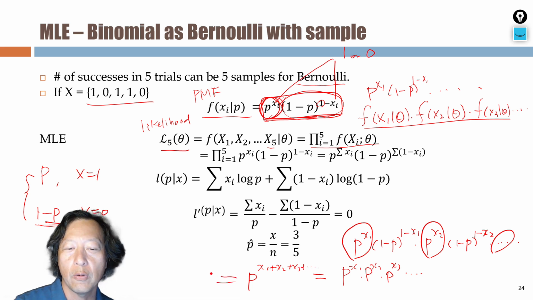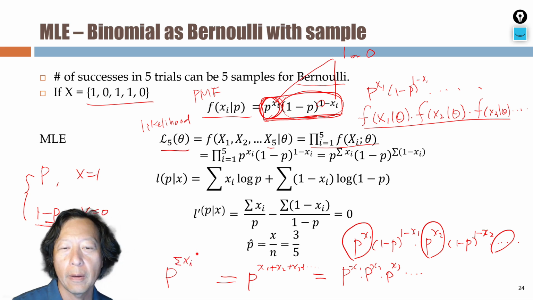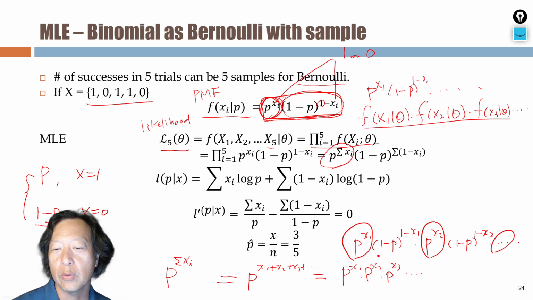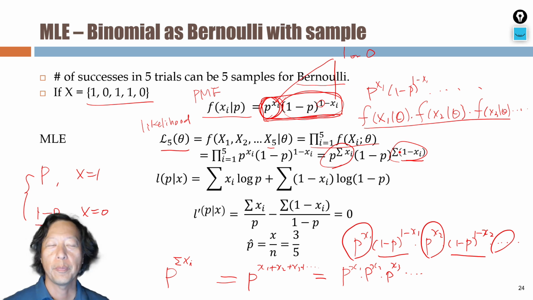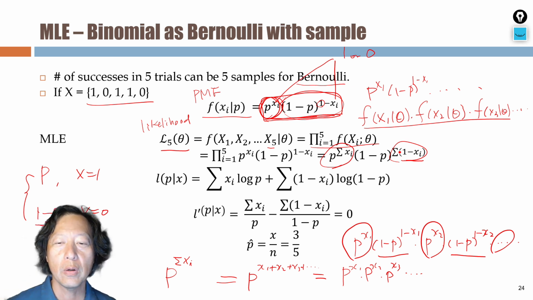That's why we can write it as p to the sigma xi. That's how you got this term here. And the same thing happens with 1 minus p: you just add up 1 minus xi over the exponent.